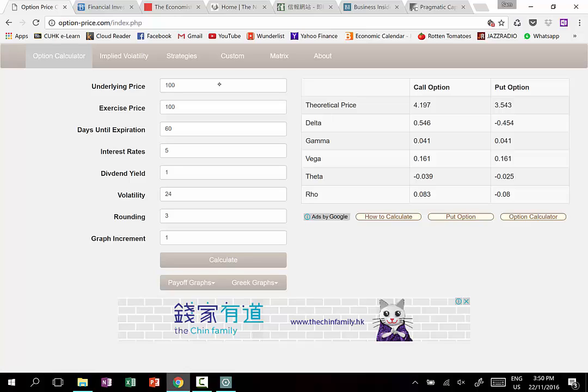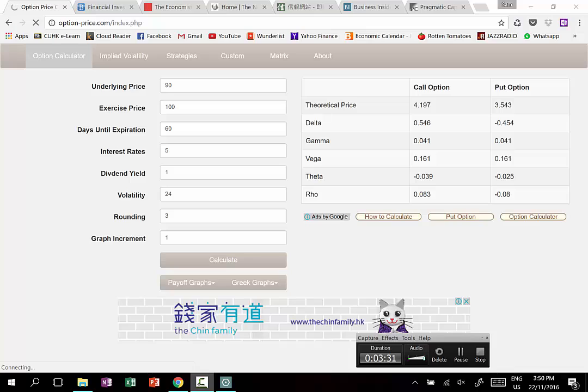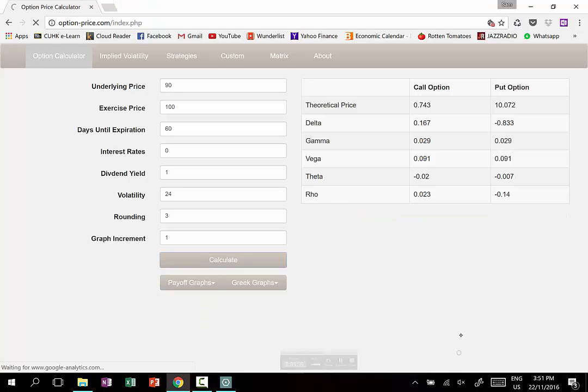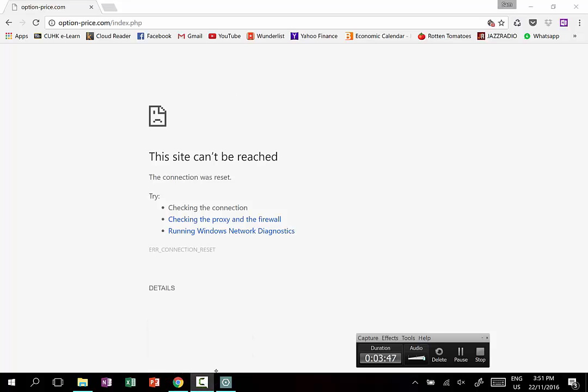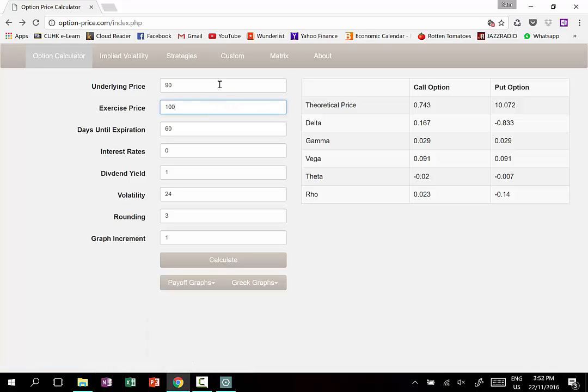Just like when I price an option. Let's say I price a call option where the exercise price, the strike, is 100, the underlying is 90, and the call option price is around 74 cents, and the delta is 0.167.